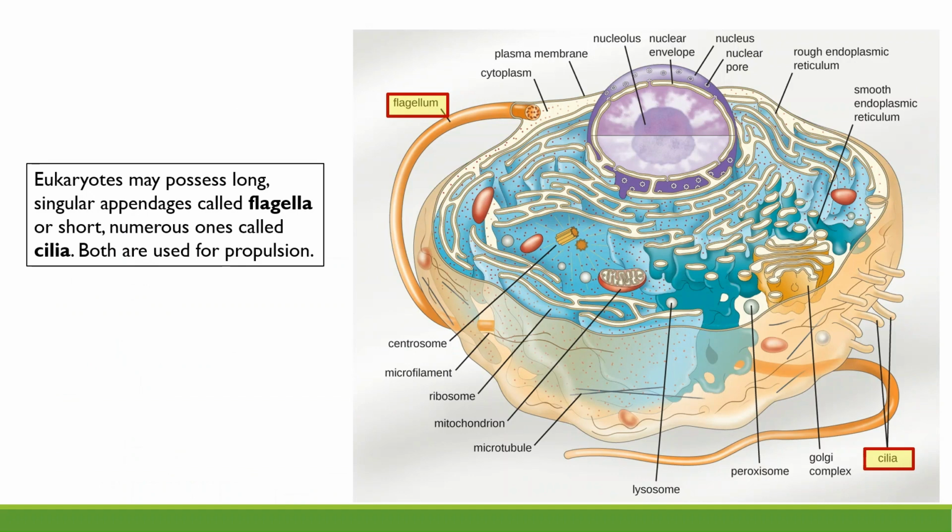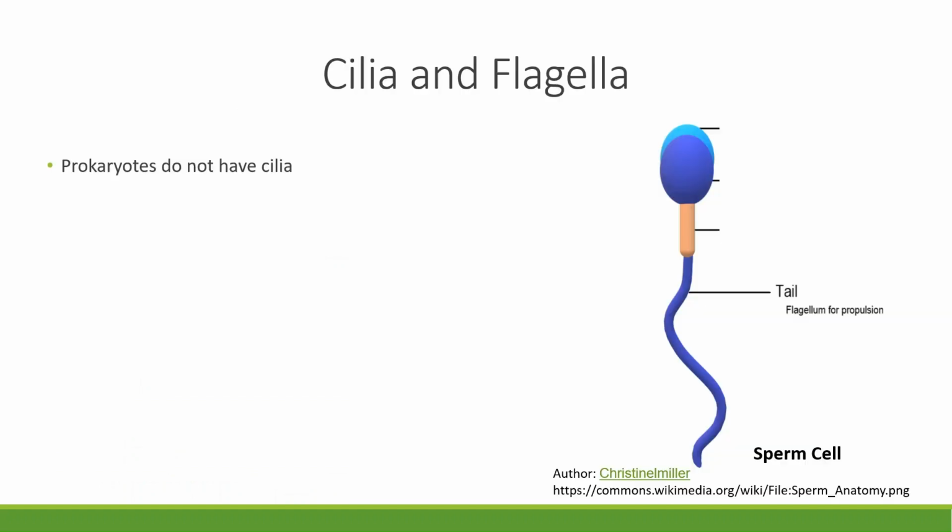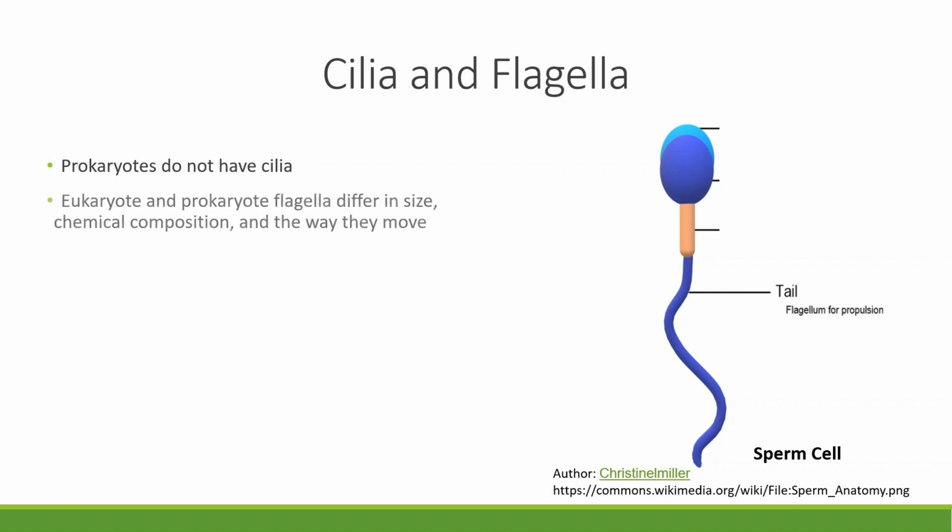As a side note, do not confuse cilia with another appendage called fimbriae, which are found in bacteria and used for attachment. In summary, prokaryotes do not have cilia. However, both eukaryotes and prokaryotes have flagella, which can differ in their size, the chemical composition, and also the way they move and help with motility.